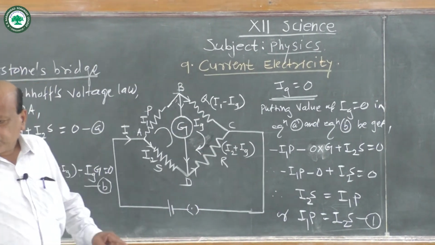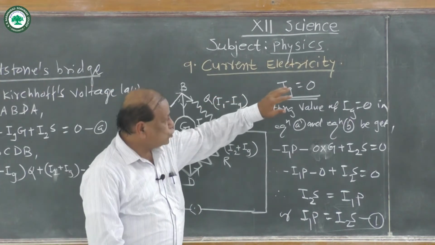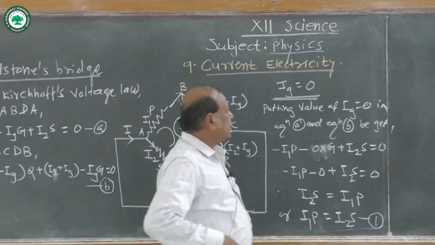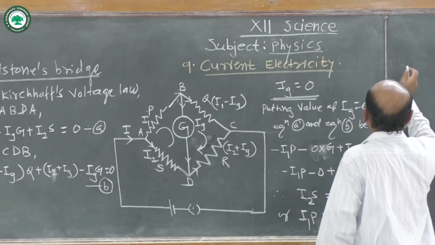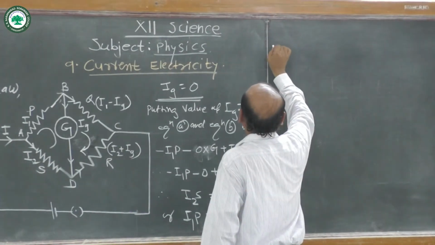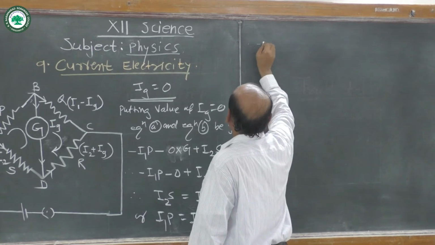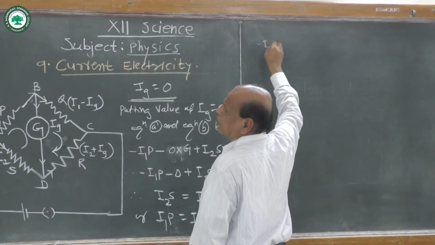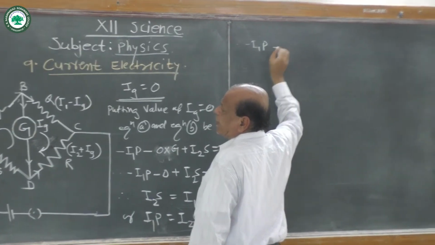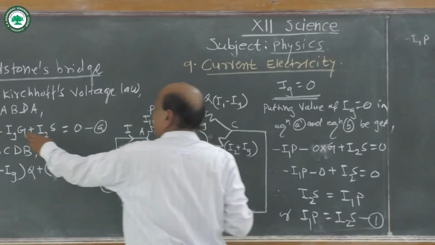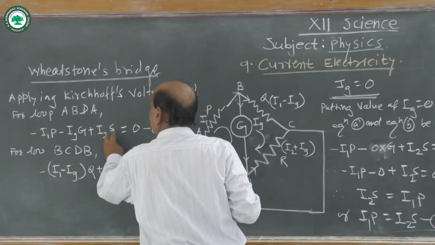Similarly, putting the value Ig equal to 0 in equation B, equation B becomes minus I1P, minus Ig is 0 here, so this term is 0, plus I2S.